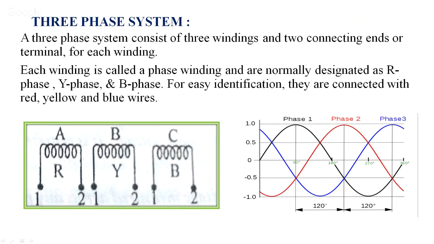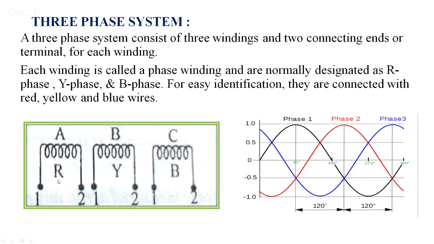Each winding is called a phase winding and is normally designated as R phase, Y phase, and B phase. So for easy identification, they are connected with red, yellow, and blue wires.